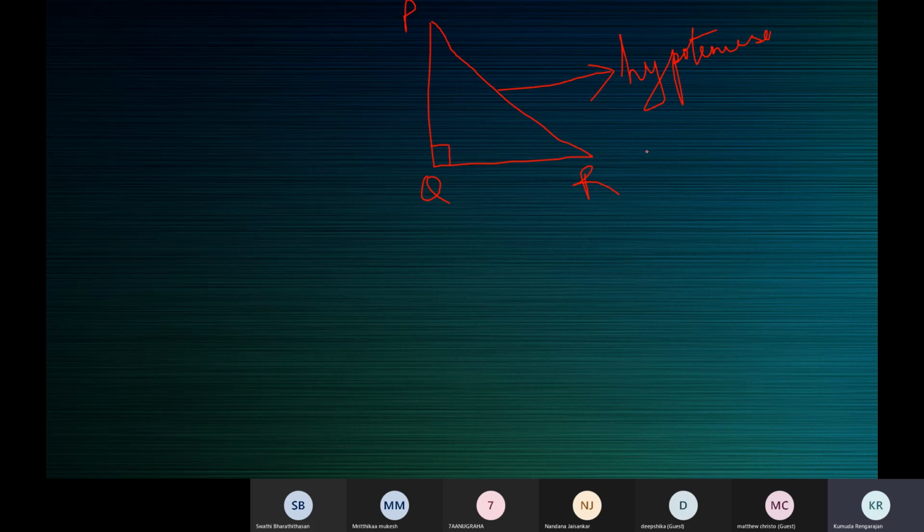In a right triangle, the longest side is called the hypotenuse, and that longest side is always the side opposite to the right angle. So see, this is the right angle. The side opposite to the right angle is called the hypotenuse, and that happens to be the longest side in any right triangle. See, supposing I have a right triangle like this.